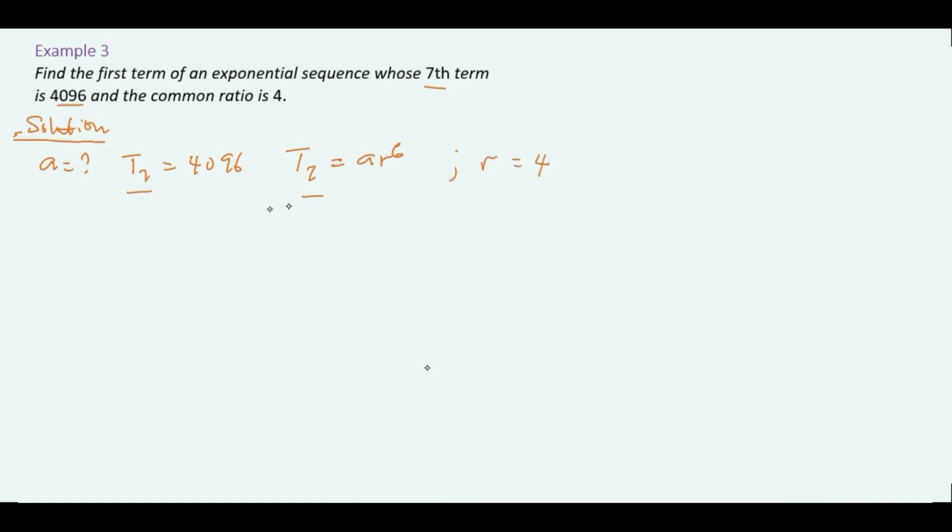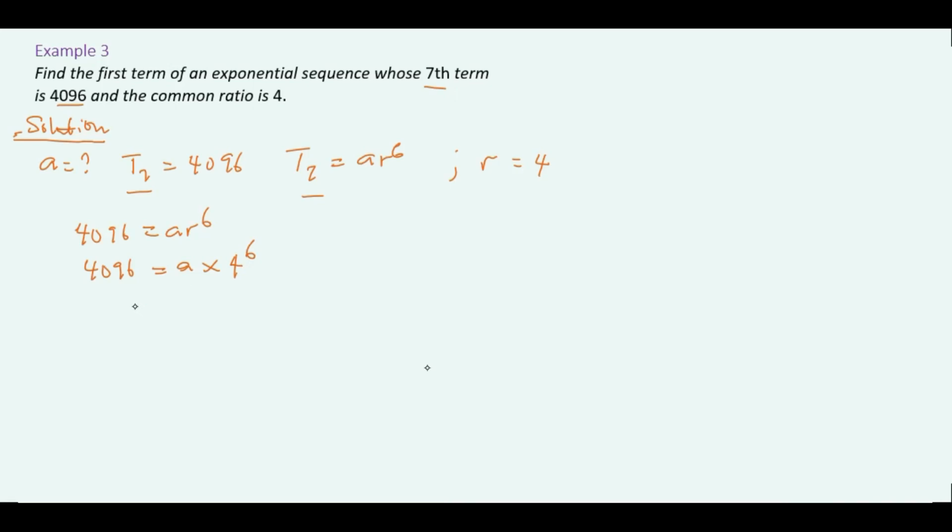We are also given that r is equal to 4. Since these are the same thing, we have 4096 is equal to ar raised to power 6. So 4096 is equal to a, the one we're looking for, times 4 raised to power 6.